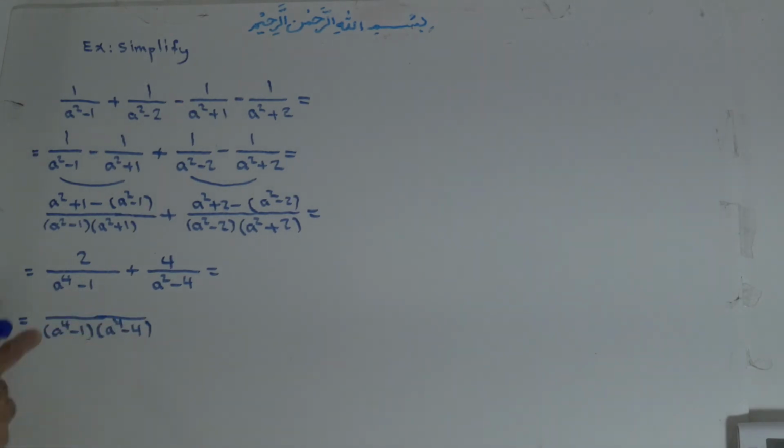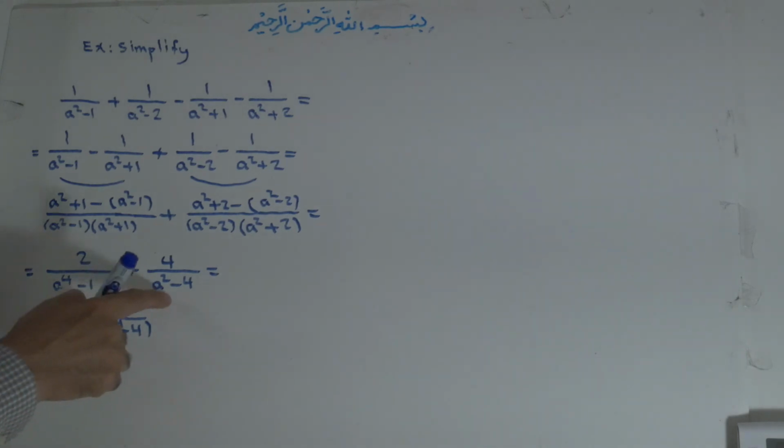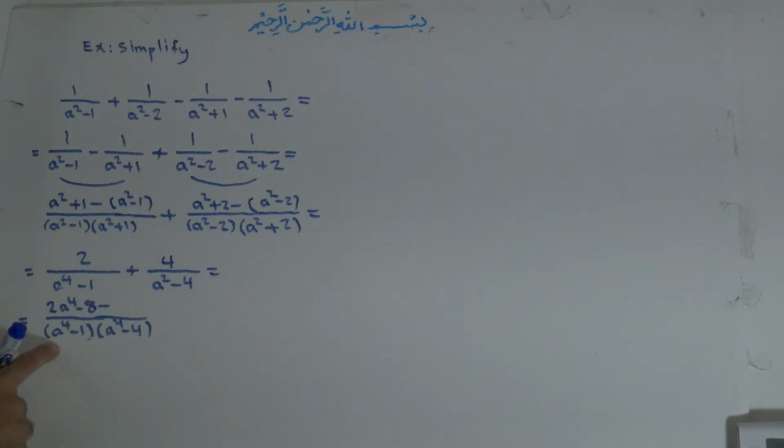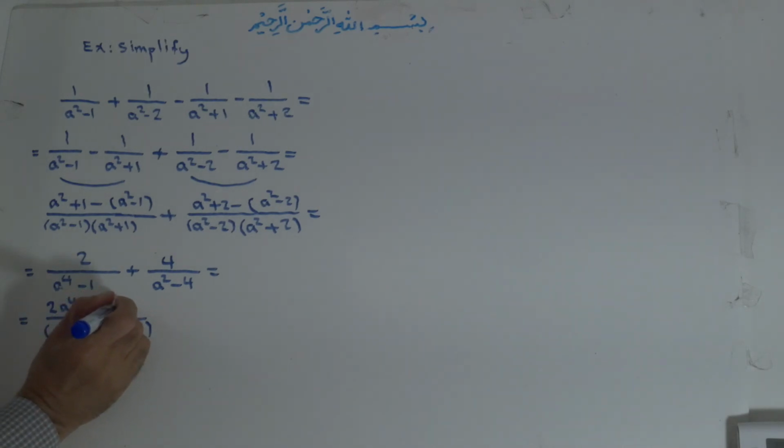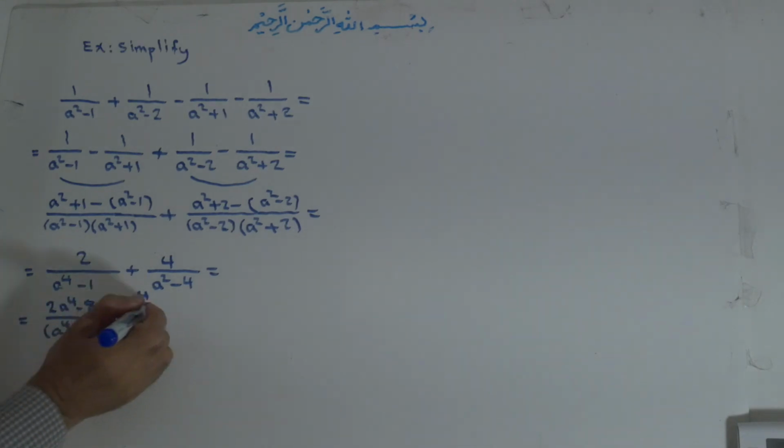This one divided by this becomes a to the power of 4 minus 4 times 2 is 2 a to the power of 4 minus 2 times 4 is 8, plus this one divided by this becomes a to the power of 4 minus 1 times 4 is 4 times a to the power of 4 is 4 a to the power of 4 minus 4 times 1 is 4.